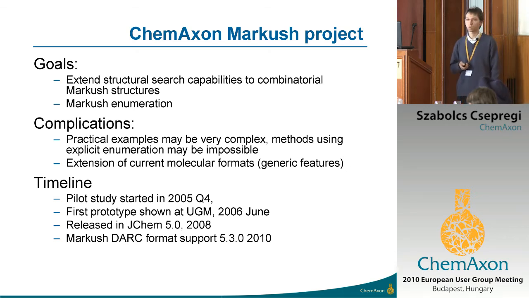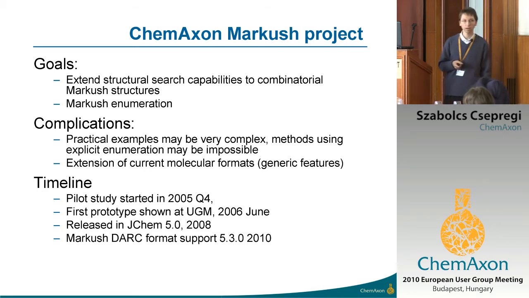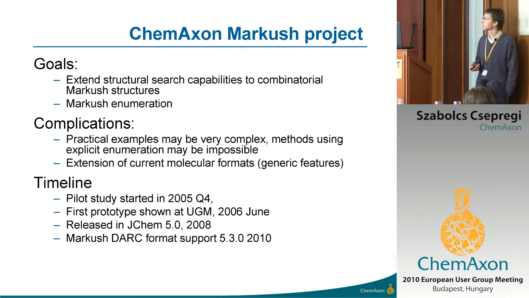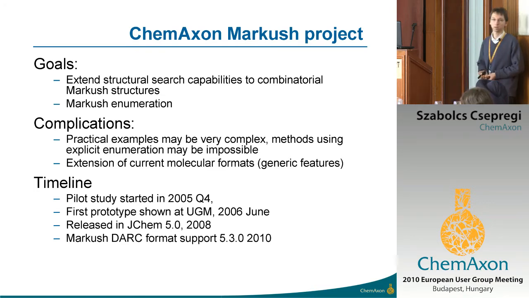And the other complication was that the molecular formats which are widely available cannot really handle these generic features. So we had to add many extensions to our chemical representations to be able to at least represent and then show these features. So we have added many new features, for example, into our Marvin file format and the Marvin sketcher and then the JChem class library.